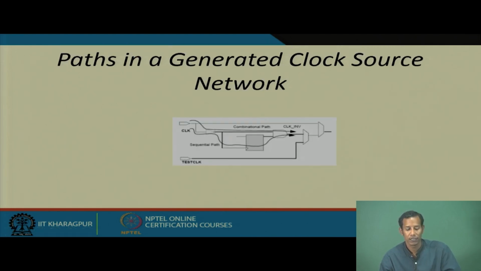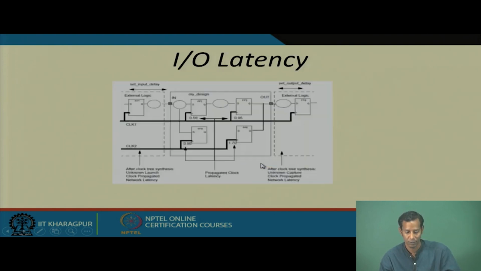Then the paths in the generated clock phase network are as follows: you will have one combinational path and one sequential path, and the clock signals will be connected to these sequential elements through some inverters or buffers. So, this IO latency we have already seen.